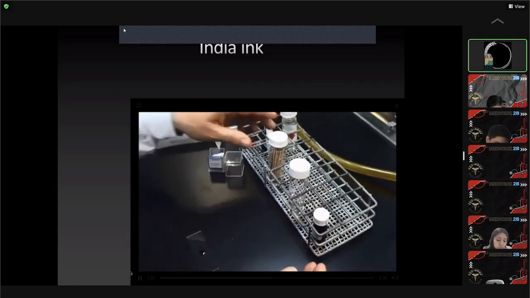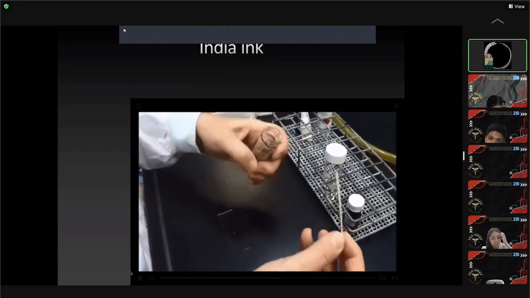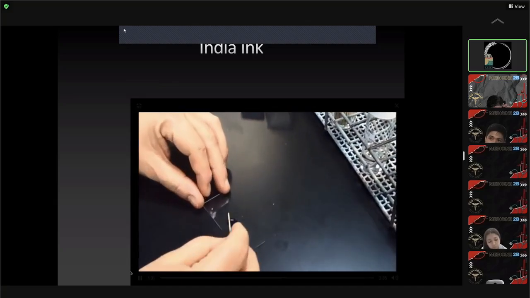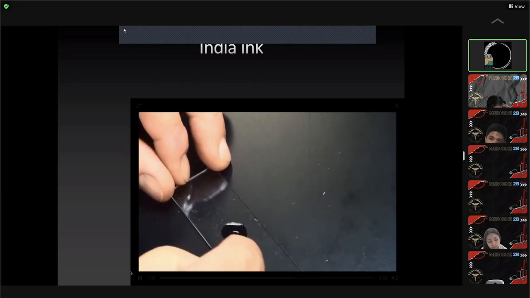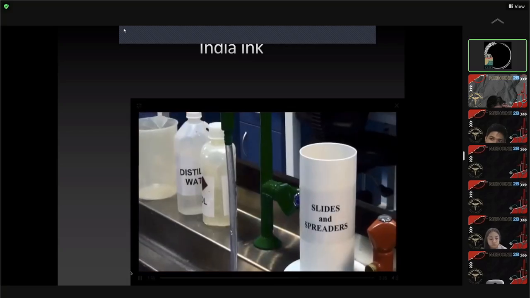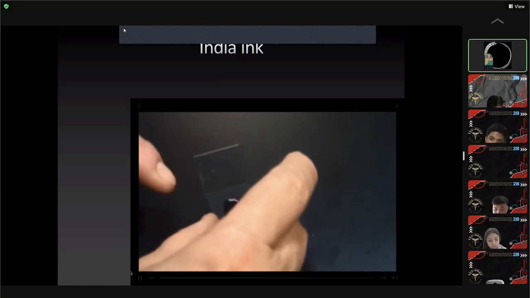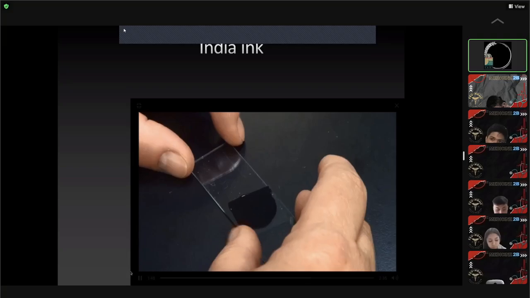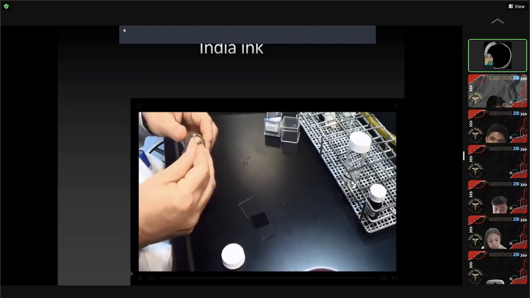Mix with a toothpick until the suspension is homogeneous. Discard the toothpick into disinfectant. Place a cover slip on the slide. With a clean toothpick, gently press down on the cover slip.